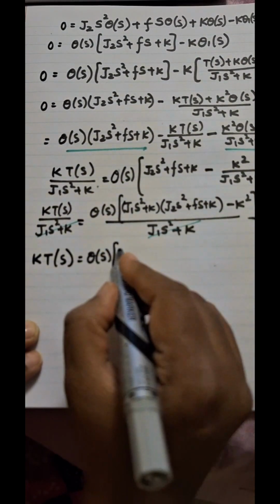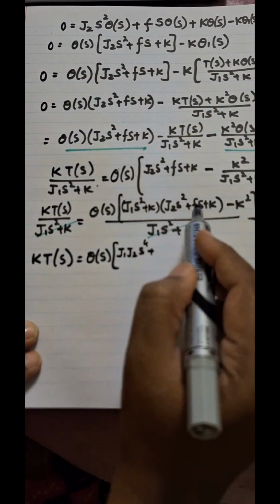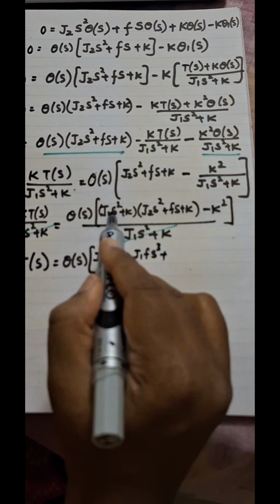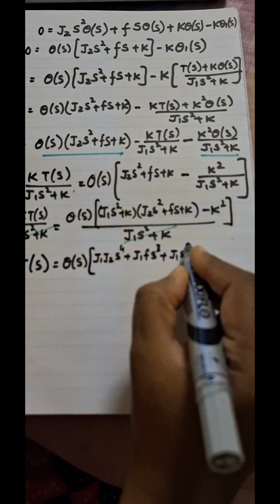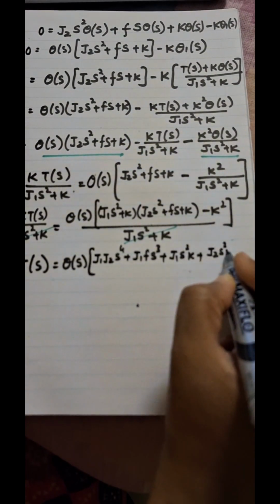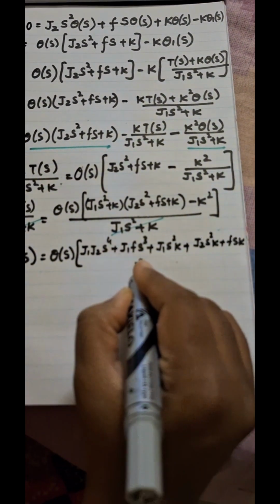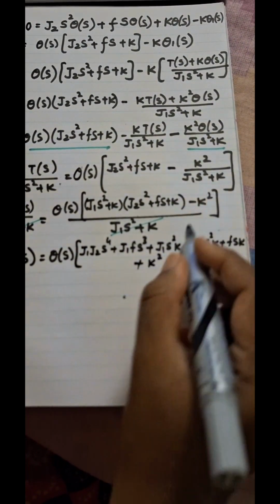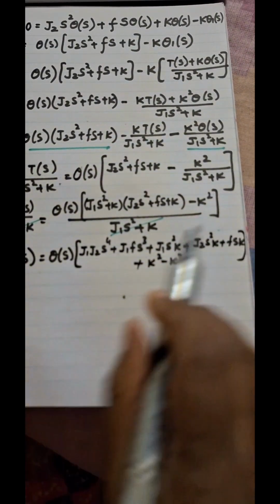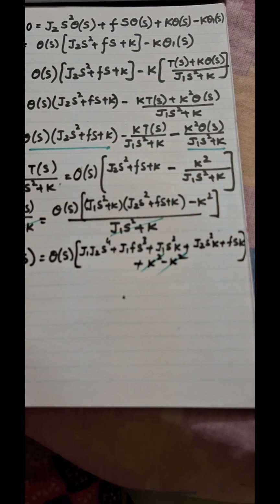J1 S square into J2 S square, it will be J1 J2 S power 4 plus J1 S square into Fs, J1 F S cube plus J1 S square into K, J1 S square K plus K into J2 S square, J2 S square K plus K into Fs, Fs K plus K into K, K square minus K square. So S square minus S square, K square minus K square, everything can be deleted.